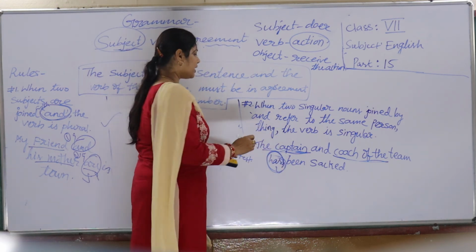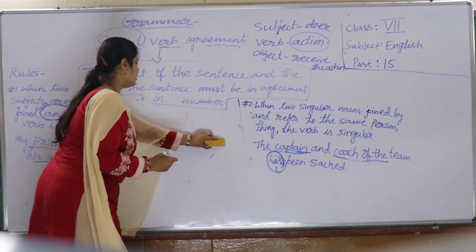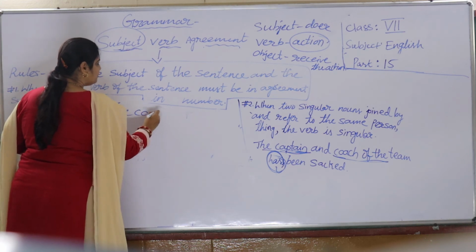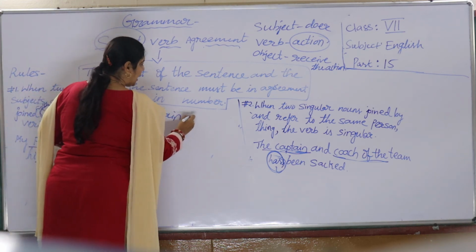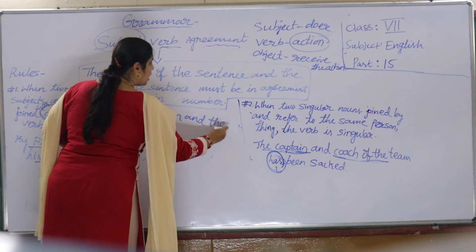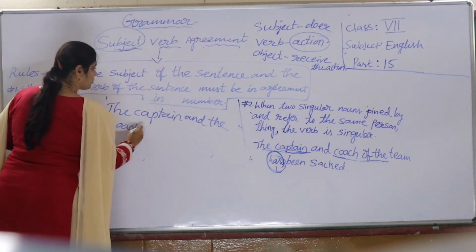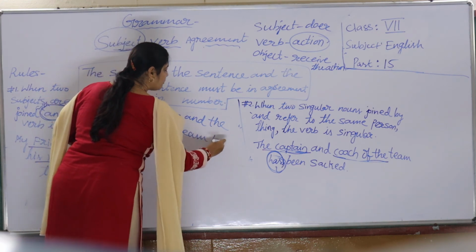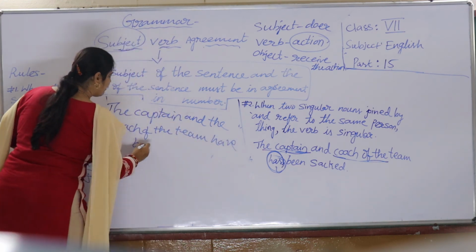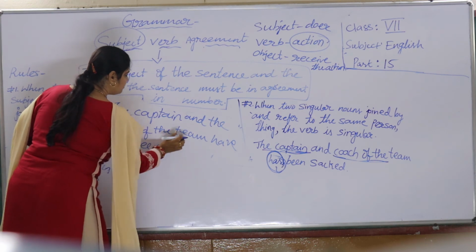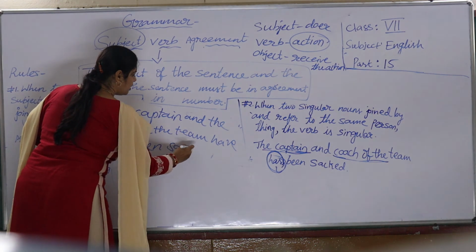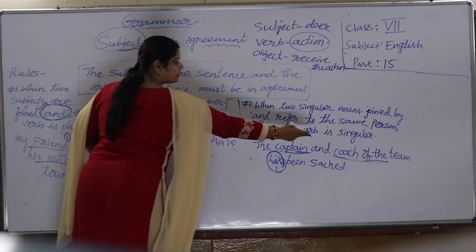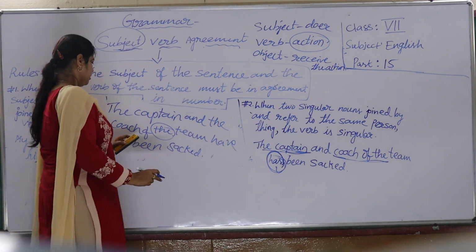For an example, if I write the same sentence with a little change here: the captain and the coach of the team have been sacked. That means have been removed. So here, children, if you see, I have just added the.